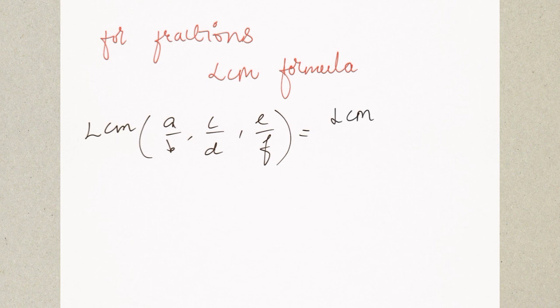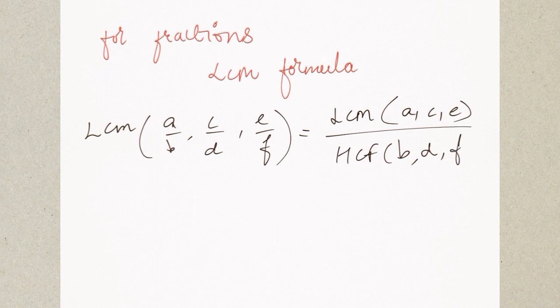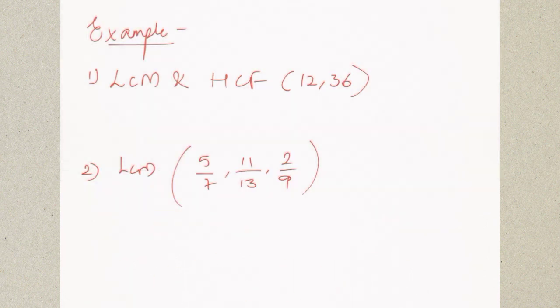You will first find the LCM of A, C, E, those three top numbers, divided by the HCF of the denominators B, D, F. Understood? So this is one formula, very, very important. If you want, we'll do one problem on each, because we need to cover more topics in less time. Let's try to do that, right?